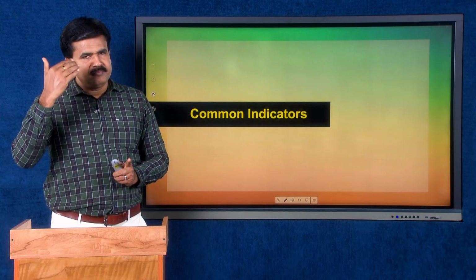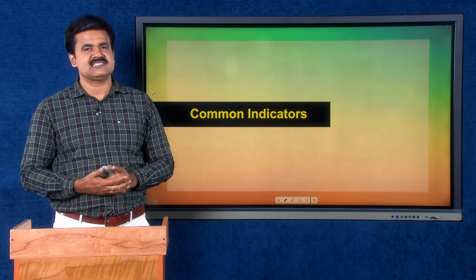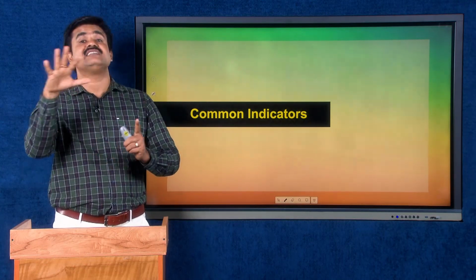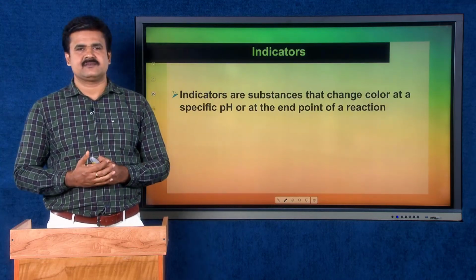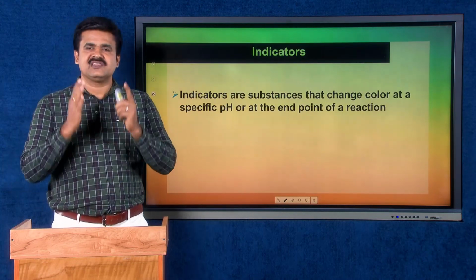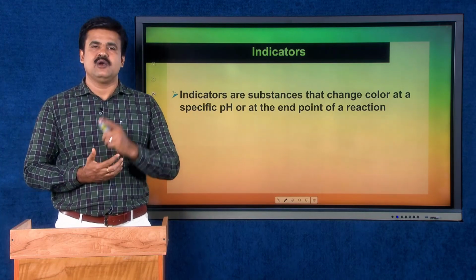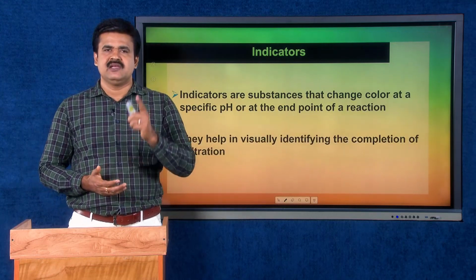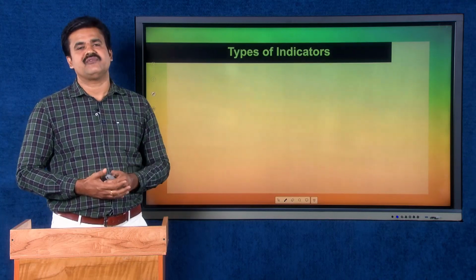But before entering into the details of acid-base indicators, we must revise the concept of indicators and the general types of indicators. Indicators are substances that change color at a specific pH or at the end point of a reaction. They help in visually identifying the completion of a titration.